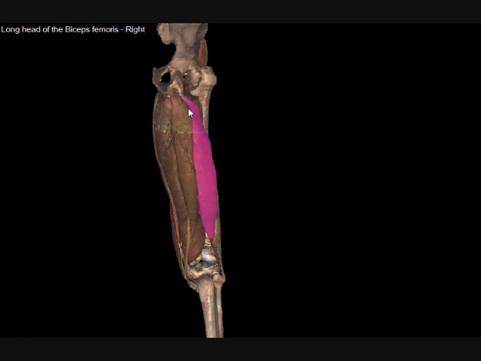The long head then passes downwards and laterally across the thigh and joins with the short head to form a tendon of the biceps, which attaches to the head of the fibula below.